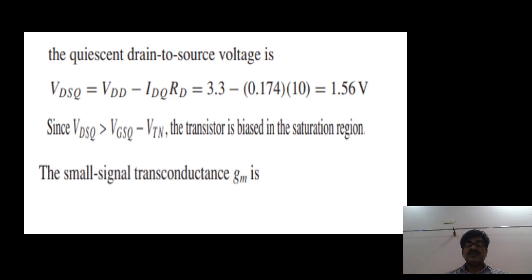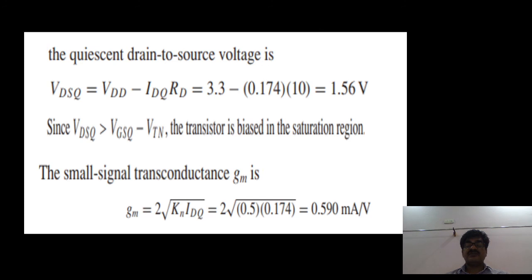Then the small signal transconductance gm: one of the formulas for gm is 2 into square root of Kn IDQ. If you substitute these values, with Kn given, or otherwise Kn is Kn dash divided by 2 into W by L, its value comes to 0.590 milliamperes per volt.